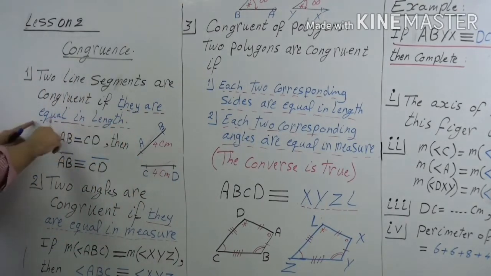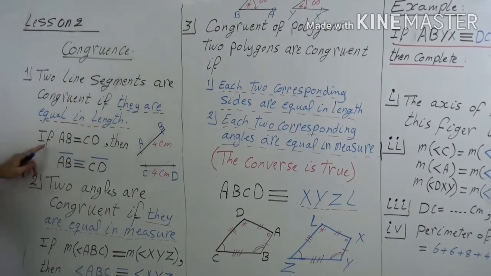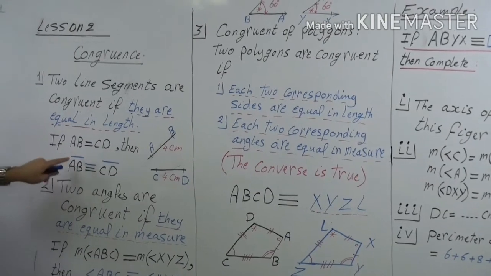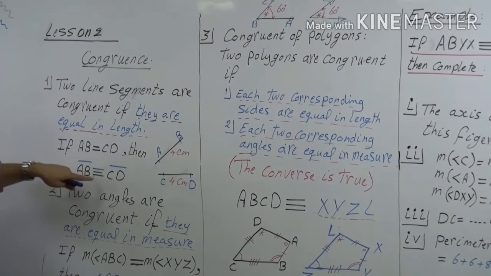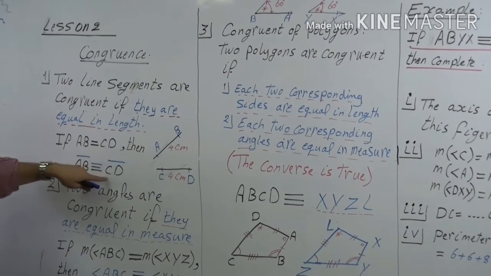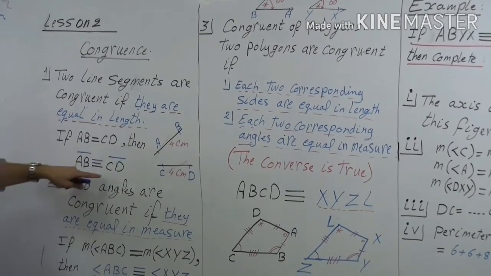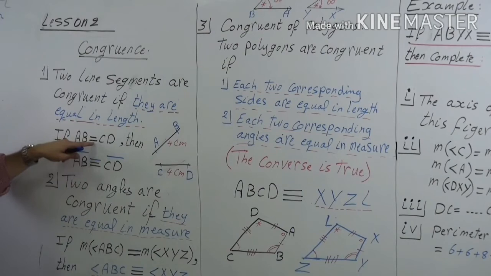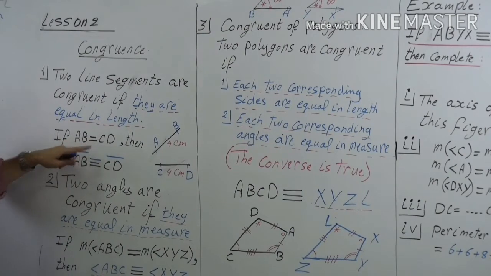If AB equals CD, then line segment AB is congruent to line segment CD. This is the sign of the congruent, 3 dashes. This is the sign of the equal, 2 dashes.